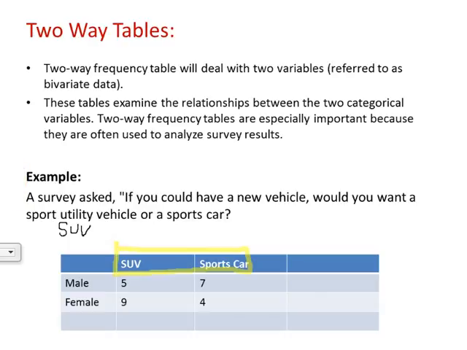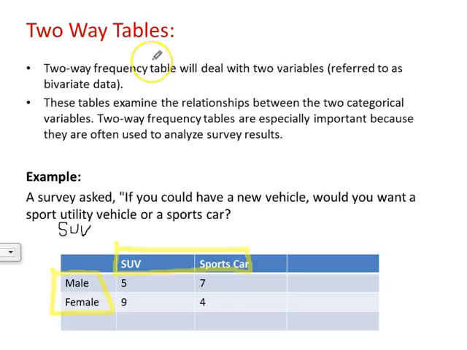Our two sets of categorical variables are the type of car, sports car or SUV, and out of the people we asked, whether they were male or female. So we're comparing those two sets of data. Then we have the frequency that each male or female chose sports car or SUV.